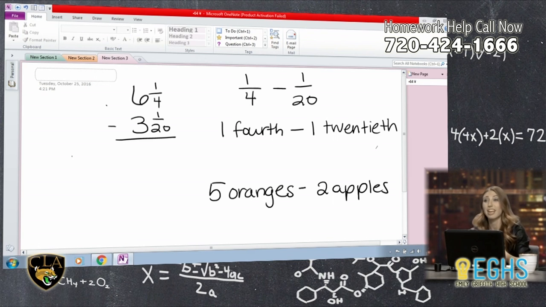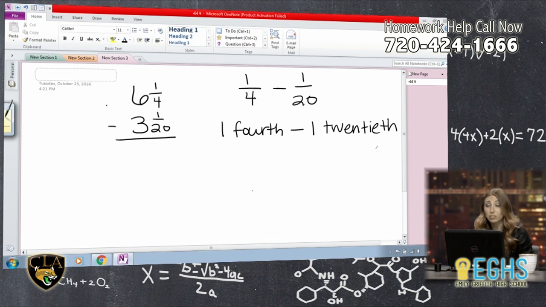So our numerator tells us how many we have, and our denominator tells us of what. Just like if we were doing 5 oranges minus 2 apples, we can't really take away apples from oranges. The names of these things are different.